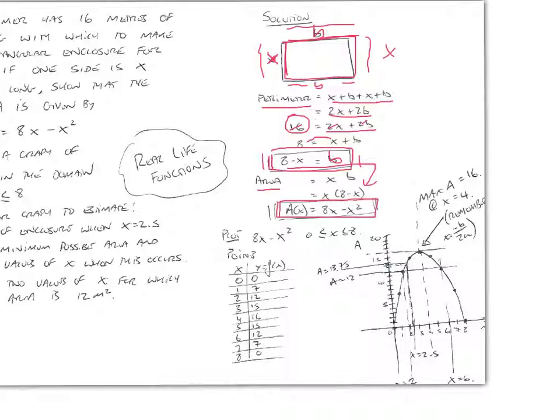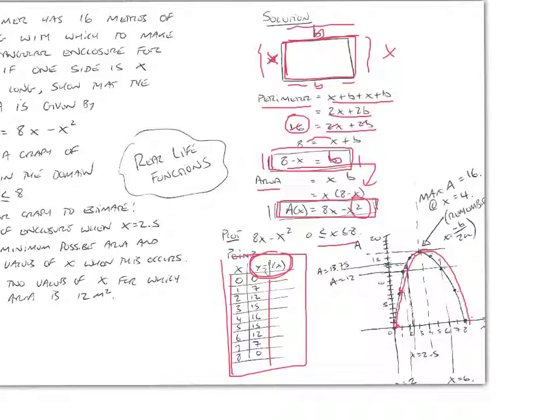So, let's plot this function A(x) equals 8x minus x squared, in the domain x between 0 and 8. If you put that into your calculator, we have our x values and our y equals f of x values here, because sometimes you'll see y equals f of x written that way in the exam. A plot of that yields these points, and if we plot those points, we get our parabola, which we would expect from the quadratic.